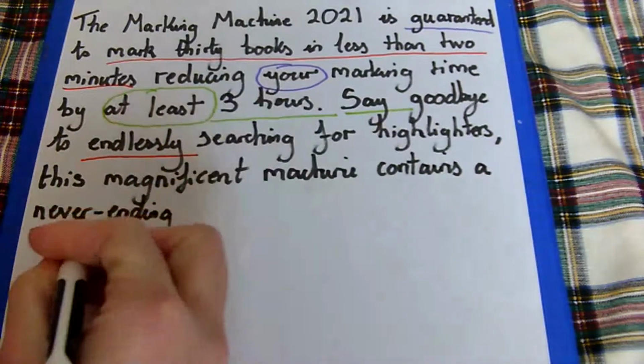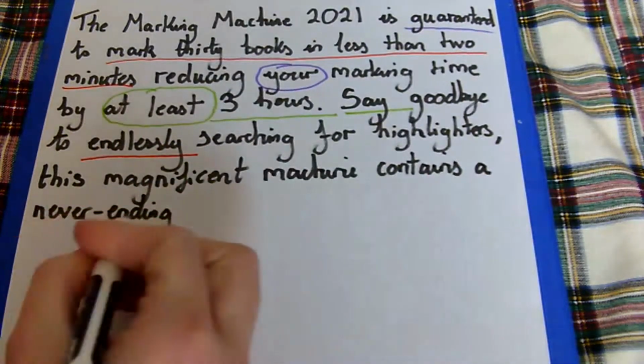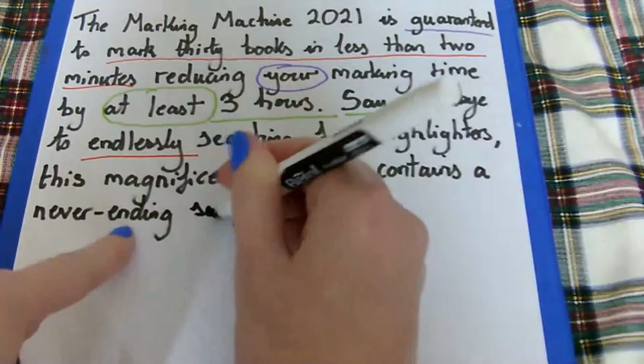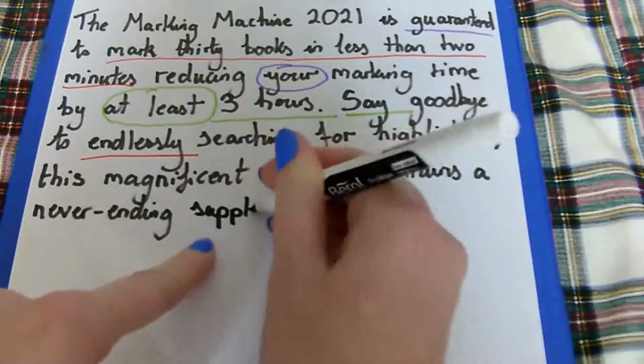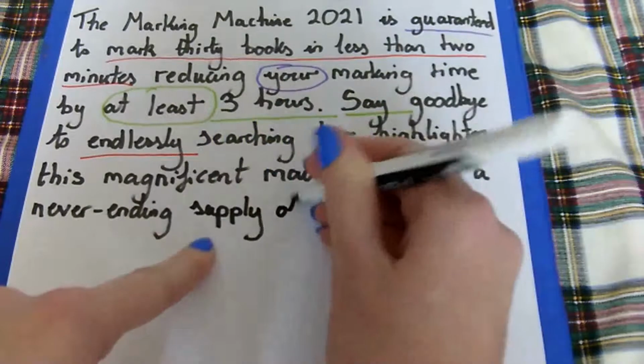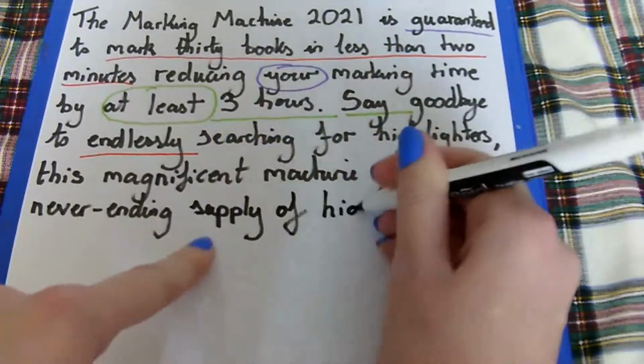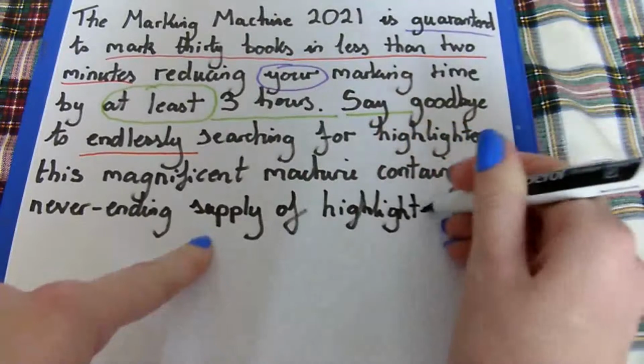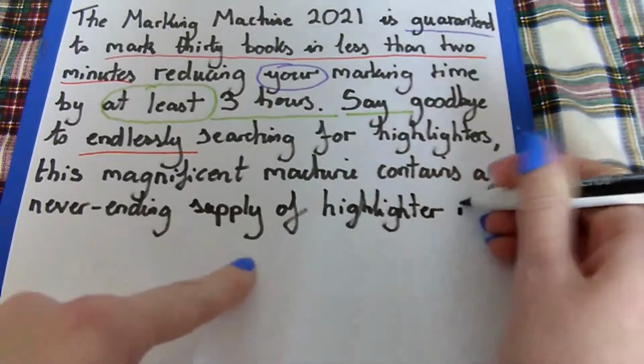Now I need a hyphen there because this is a compound adjective, never-ending supply. So never-ending is describing the supply of highlighter ink. Full stop.